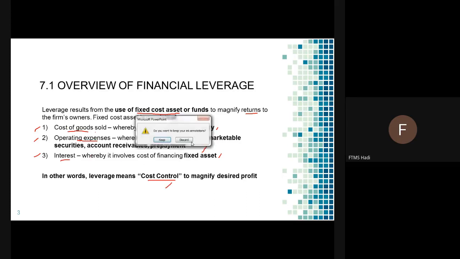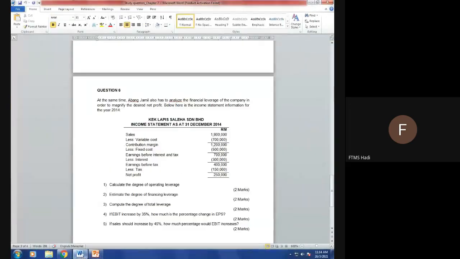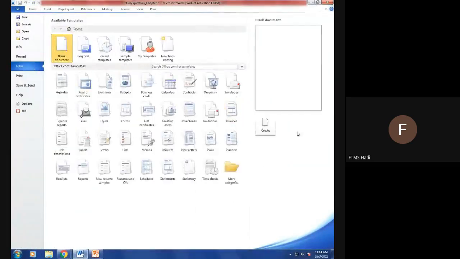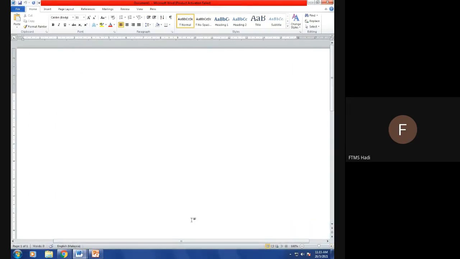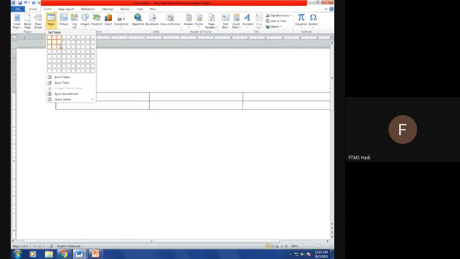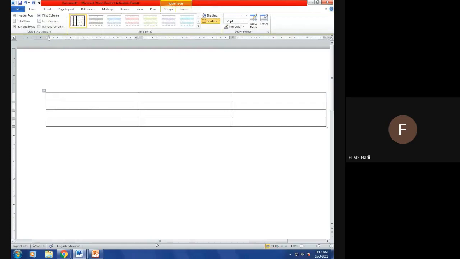Okay, let me give you an example. Not an example, an analogy that relates to cost control. Let's say the revenue. I do a table comparison: situation A and situation B. This is a simple one.